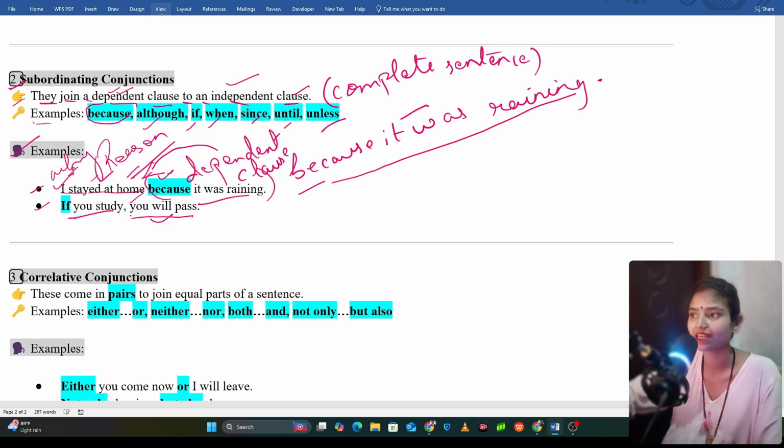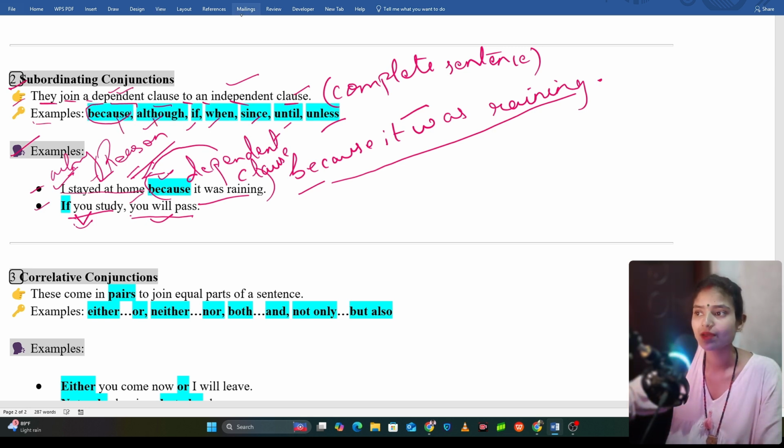Here is an independent clause and here is a dependent clause. They are working together, because the dependent clause is not going to stand alone, but it is going to stand with the independent clause. All right, so this is all about subordinating conjunctions.